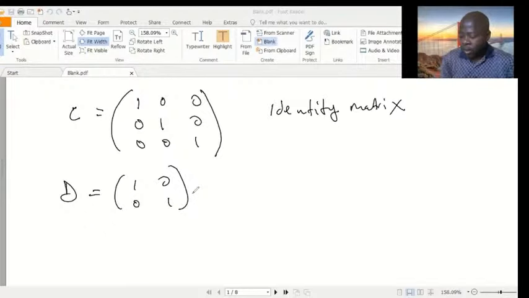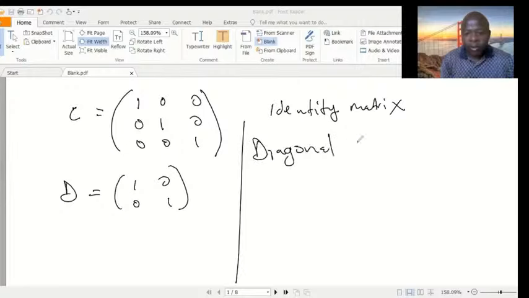Now, we know what a square matrix is. The other thing I want us to define is the diagonal matrix. As the name suggests, this will be a matrix with only non-zero elements along the diagonal, and elsewhere will have zeros.